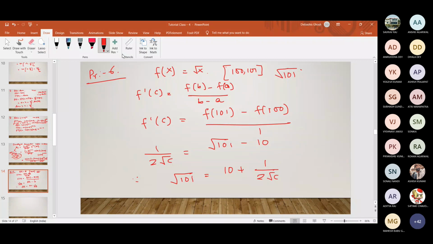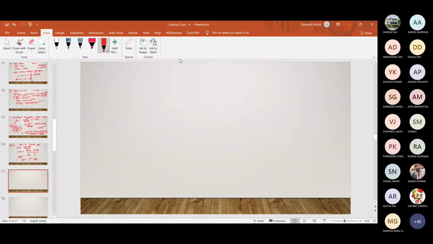Now c is a number which is less than 101 and more than 100. So therefore 1 by root c is less than 1 by root 100, which is 1 by 10.